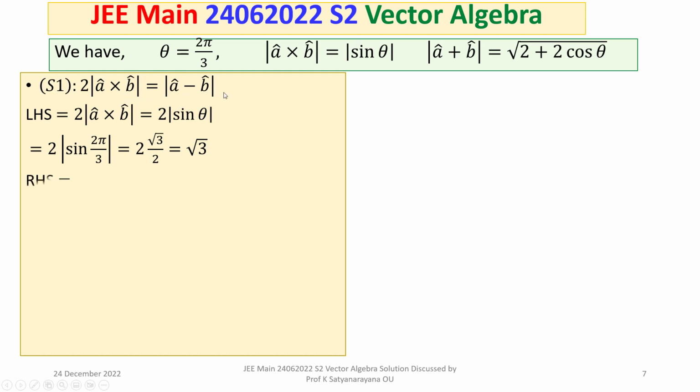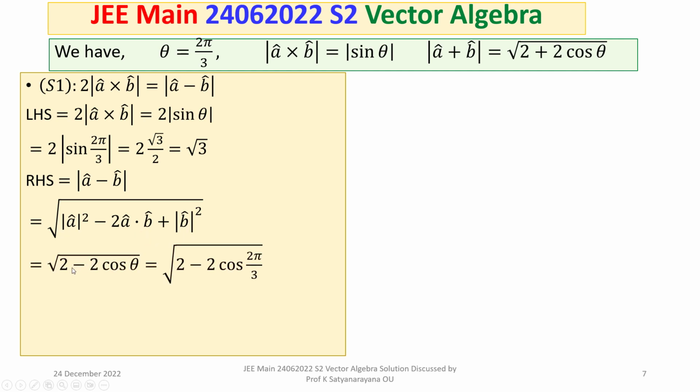Let's take the right hand side, modulus of vector a minus b. Taking the dot product with itself, and using modulus of a into modulus of b is 1, and a dot b is equal to modulus of a into modulus of b into cos theta, and simplifying, you get under the square root of 2 minus 2 cos theta.